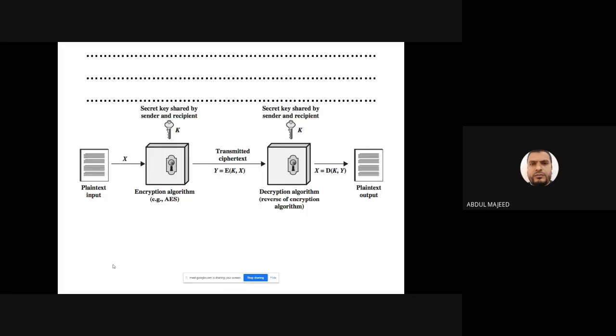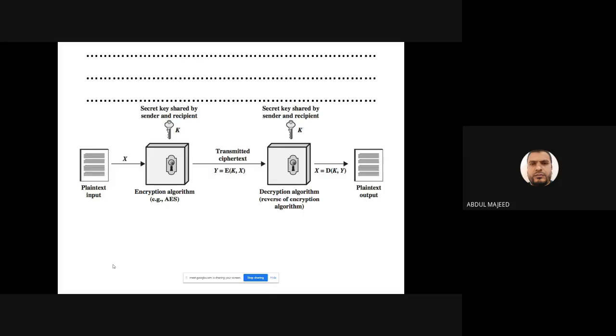Plain text is represented by capital X, and cipher text is represented by capital Y. The equation is Y equals E of K comma X, where Y is the cipher text.